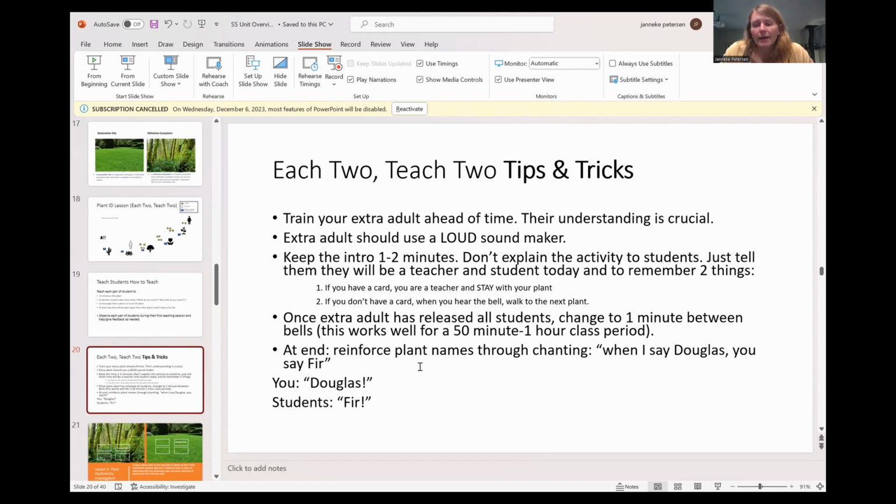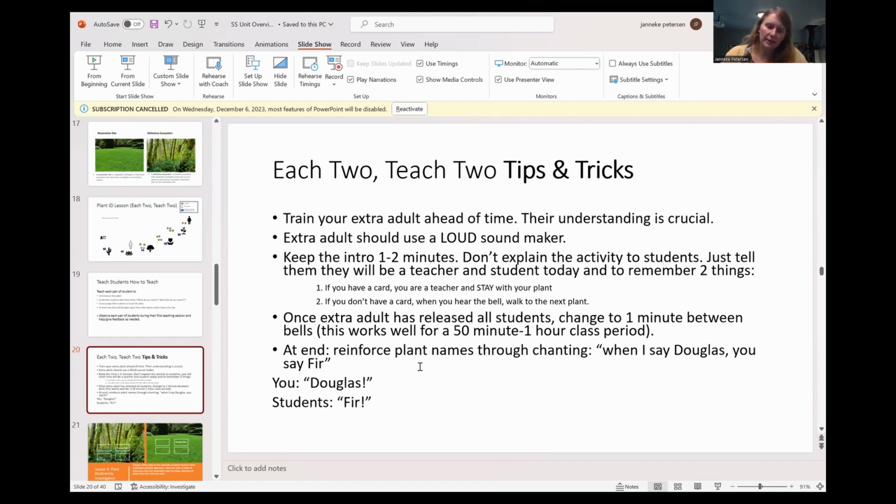Another fun tip is that at the end of this lesson, and throughout the whole curriculum actually, you can reinforce plant names through a really fun chant. What I like to do, and this can be to get their attention in a closing circle at the end of this lesson, or back in the classroom and throughout the unit, is say, when I say Douglas, you say fir.